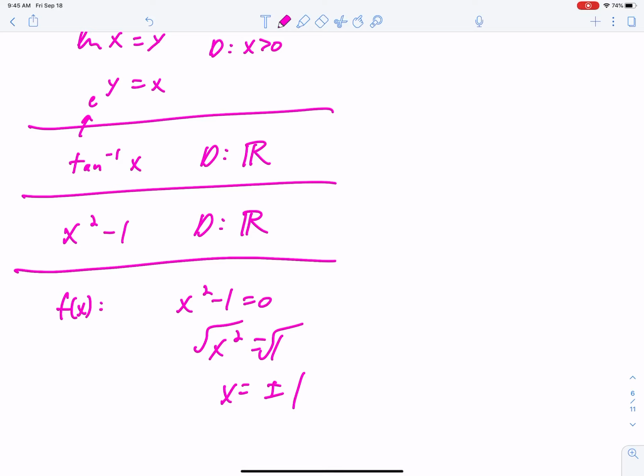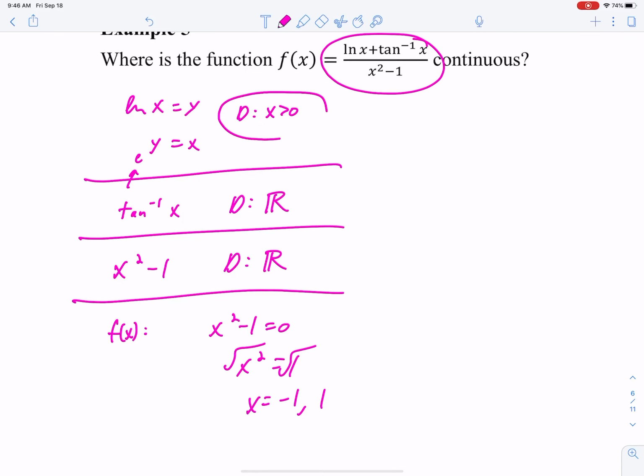Actually, let me write it like this: minus 1 and positive 1. Minus 1 we can throw out, because of natural log of x, x must be greater than 0. This is where all these domains overlap.